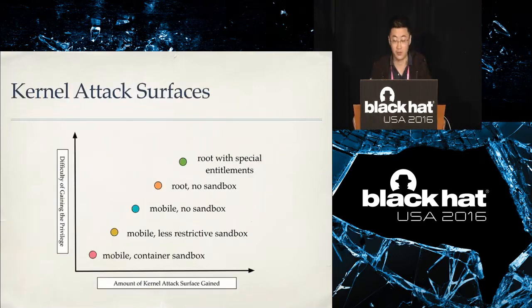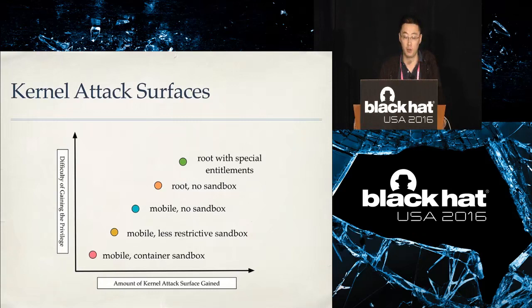So with this goal in mind, we use this figure to demonstrate the trade-off between the difficulty of gaining code execution privilege versus the amount of kernel attack surface you gain. Let me explain the figure a little bit more. Let's say you are a developer. You create your own app and run it on the iOS device.